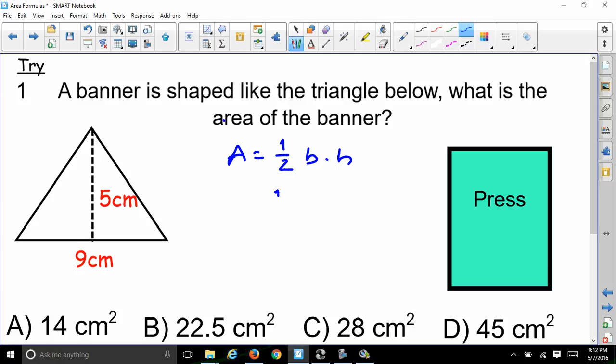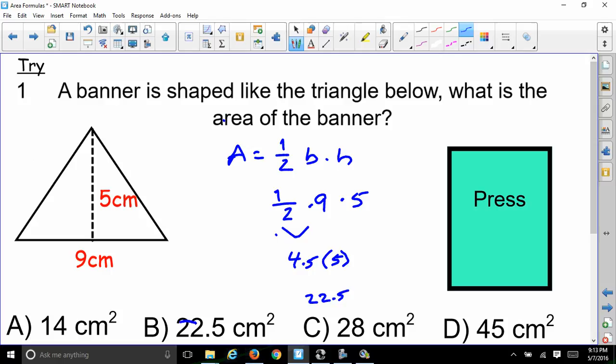So 1/2 is going to be multiplied by the base, which is 9, and that'll be multiplied by 5. All right, 1/2 times 9, I believe that is 4.5, and then we're going to multiply that by 5. And 4.5 times 5 gives us 22.5.